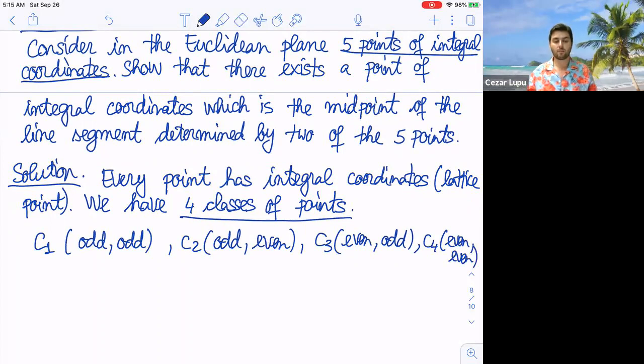You see, I have 4 classes of points and I have 5 points.